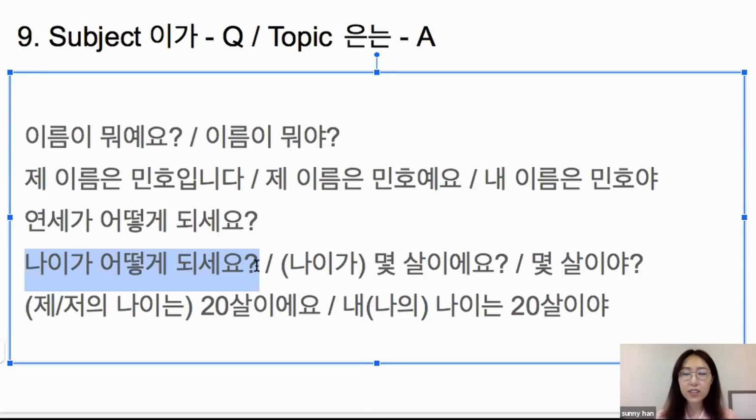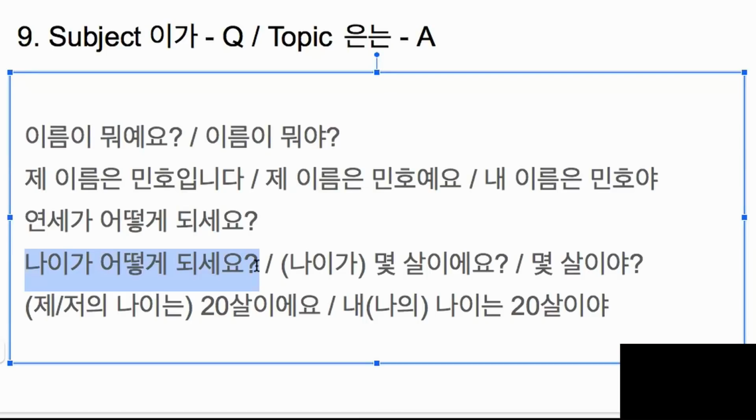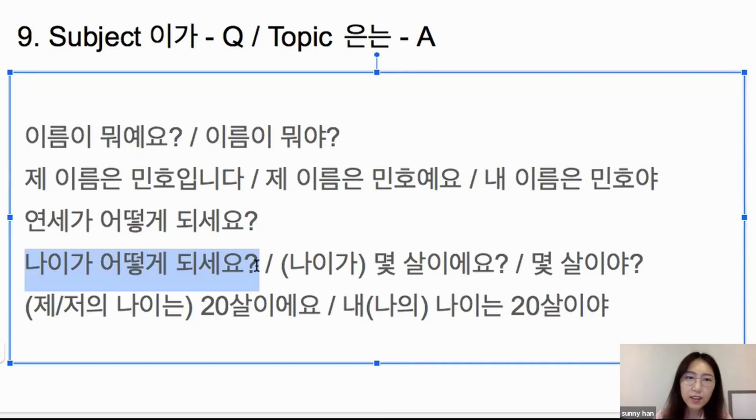Introduce yourself first. 저는 누구예요? 저는 어디에서 왔어요? 저는 몇 살이에요? So, 나이가 어떻게 되세요? You can ask this to people who are in their 30s or 40s. 연세 sounds like a grandmother, grandfather age.